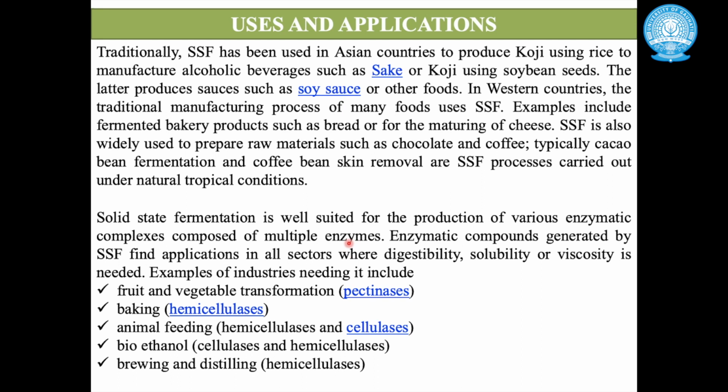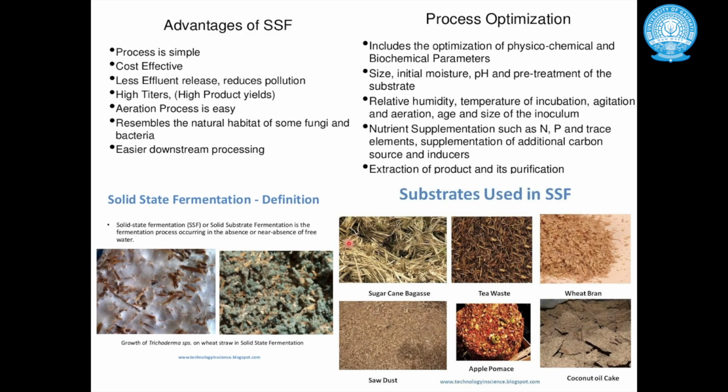Examples are pectinases, hemicellulases, cellulases. They are produced in a lot more amount, and this is quite advantageous compared to many other processes. If we look at the advantages, the process is very simple, cost effective, releases less effluent, and reduces pollution.